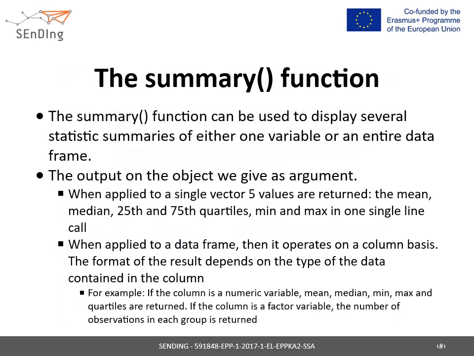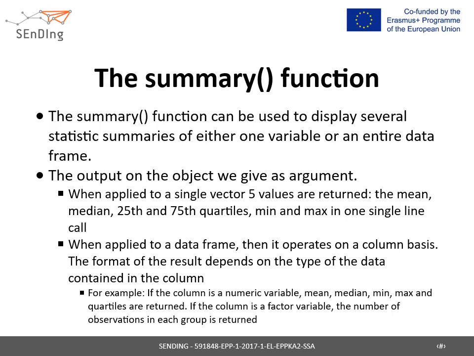The summary function can be used to display several statistic summaries of either one variable or an entire data frame. The output of summary depends on the object we give as argument. When applied to a single vector, 6 values are returned: the minimum, 25th quartile, median, mean, 75th quartile and max, in one single line call.